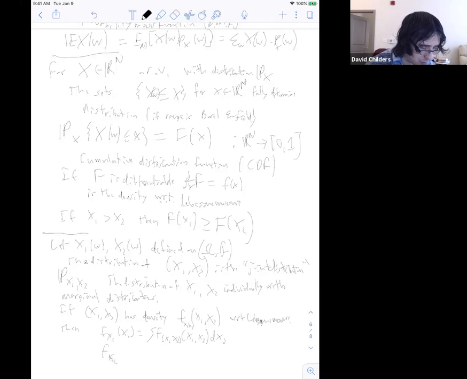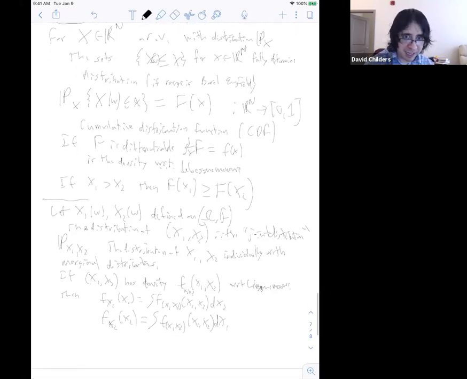Likewise, f_{x2} has density given by the integral over x1. And this can just be done by taking this multivariate integral and then applying Fubini's theorem, which says that you can switch the order of the integrands. That said, you've probably seen the Riemann version of Fubini's theorem.